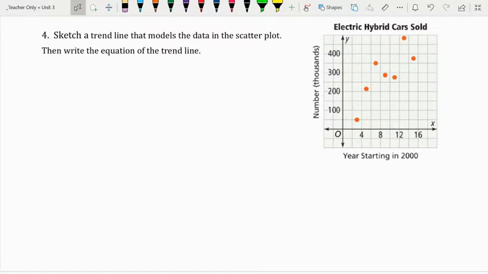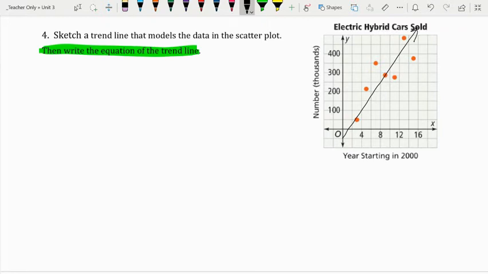So we want to sketch a trend line that models the data in the scatter plot, and then we're going to write the equation of that trend line. So remember, yours might be different than mine, but it should be somewhat similar. Okay. So first off, I want to draw a trend line. It kind of looks like it's not coming from 0, 0. It looks like it would come from below it, and it would look something like this.